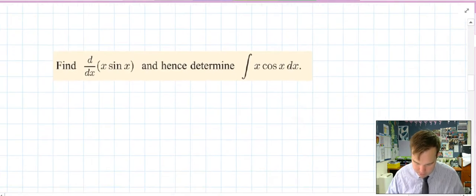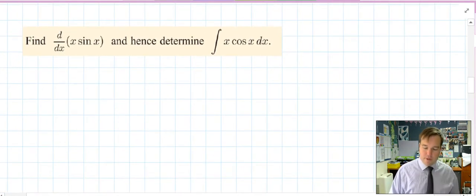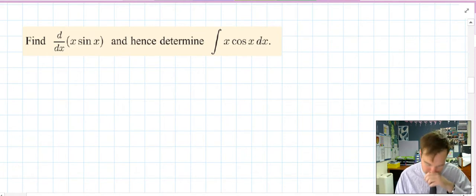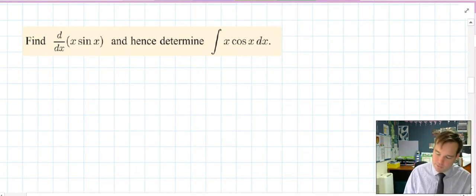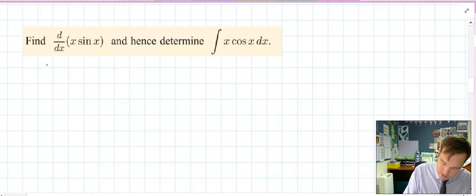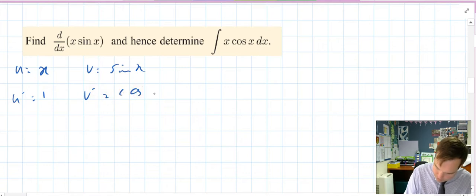Alright, next example. Find d dx of x sine x and hence integrate x cos x dx. Alright, let's derive this. It's clearly product rule, with u being x and v being sine x. u dash is then 1, v dash is cos x.